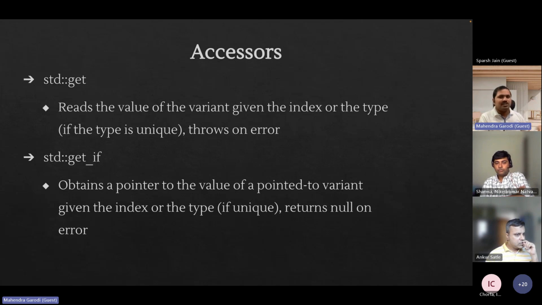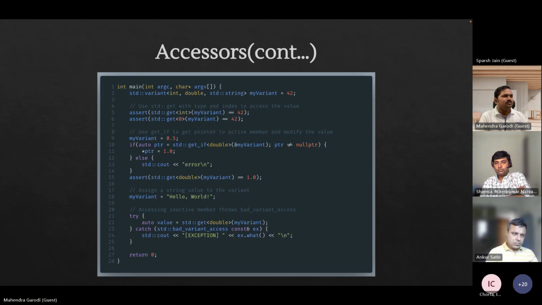Basically, you can initially check with holds_alternative in the if condition whether it holds a double. If yes, then you query get using a double. That way you know that it will not throw an exception. Let's see with the example. So let's say I try to get the int, because I know this is initialized with the int.